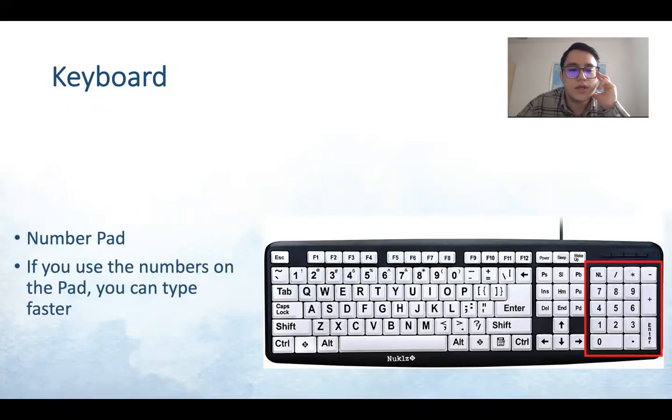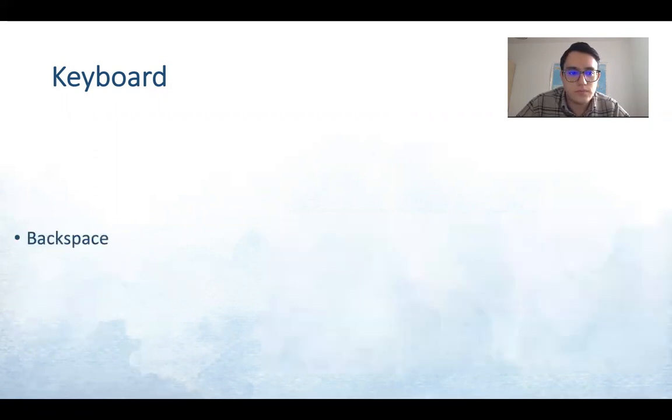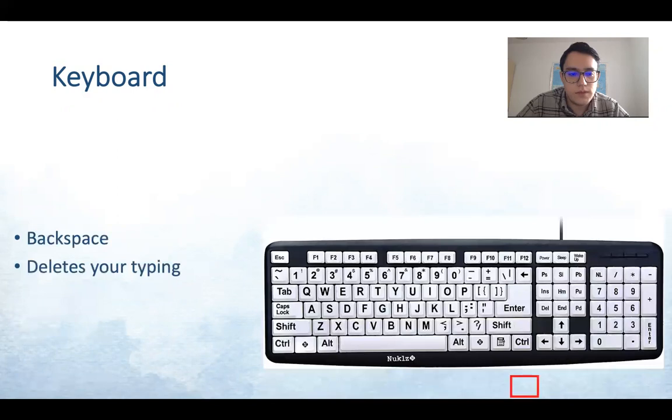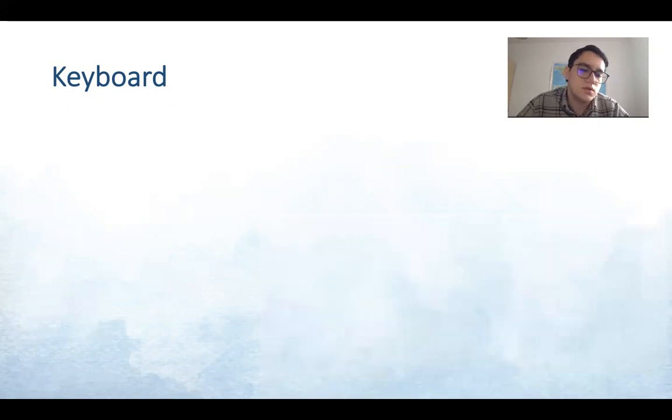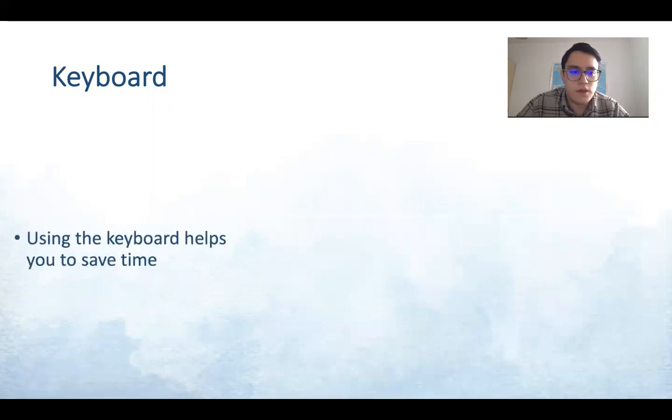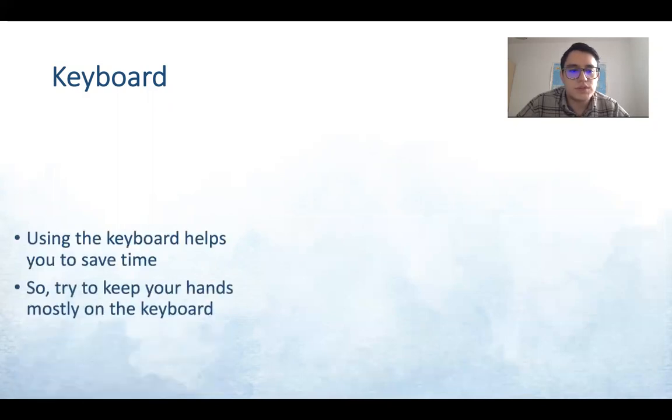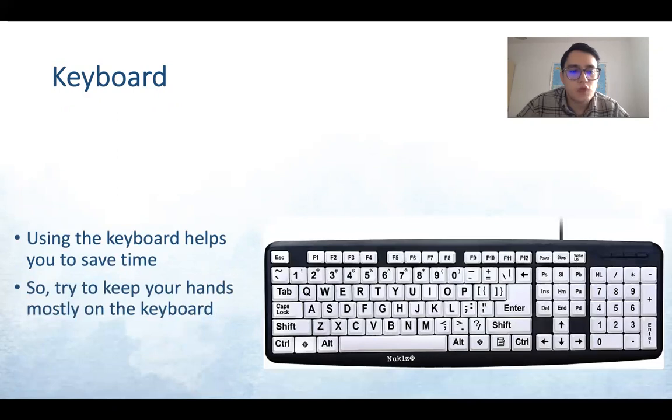If you use the numbers on the pad, you can type your numbers faster. So number pad is usually on the right of your keyboard. Some keyboards may not have this. Backspace just helps you to delete your typing. Using the keyboard helps you to save time, so try to keep your hands mostly on the keyboard.